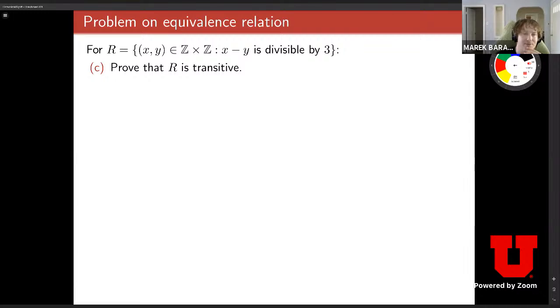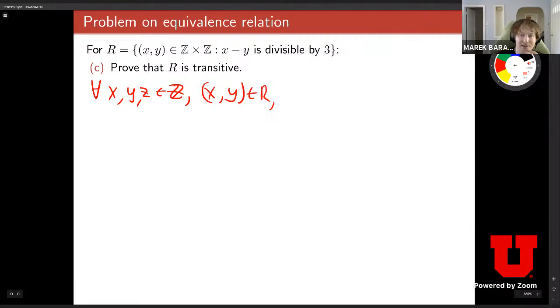So for this, we're showing for all x, y, and z in the integers, x, y is in R and y, z is in R implies x, z is in R. So I'll give you, I guess, 2 minutes to work on this.